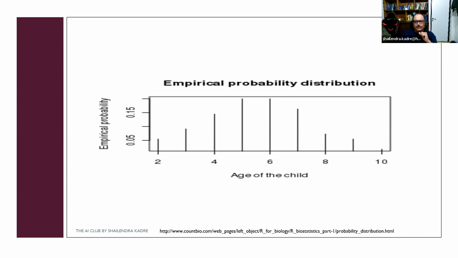Now I ask you a question. I have a total of 55 children here. With the help of this chart, you have to tell me: I pick up a random child out of 55. What is the probability of me getting a child with 3 years of age? Read this chart and tell me.